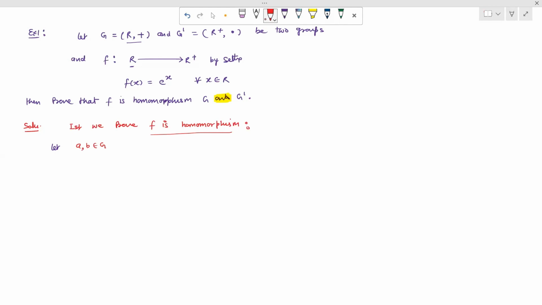The function is defined from R to R positive, so basically you can write it as a function from G to G dash. Here G is real numbers under addition, and G dash is positive real numbers under multiplication. So let A and B belong to G.